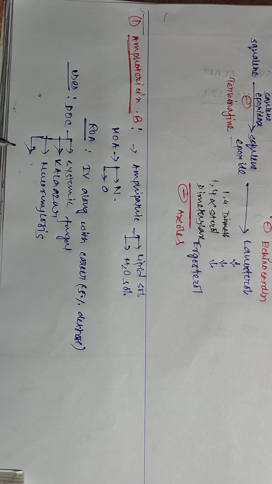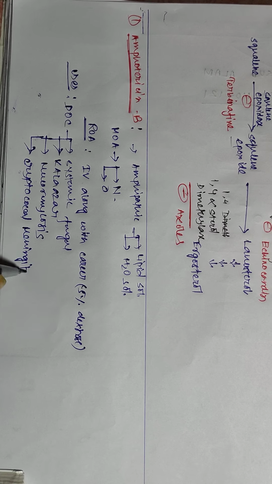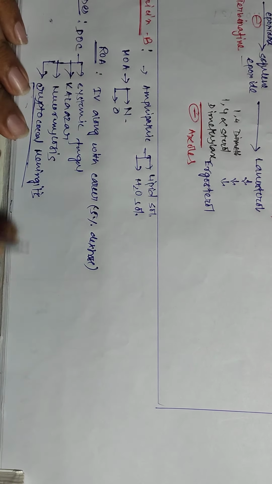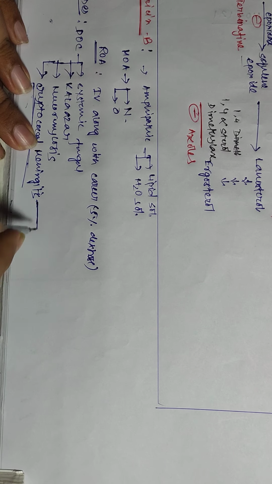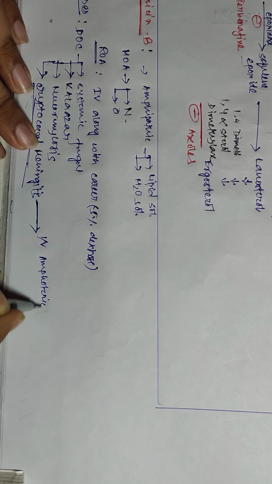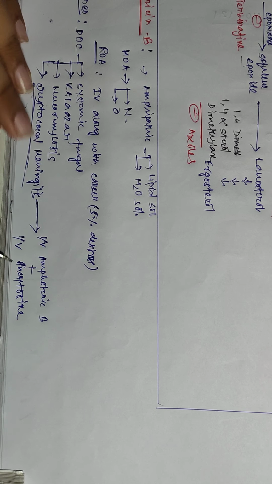It is also the drug of choice for mucormycosis and cryptococcal meningitis. Now in case of cryptococcal meningitis, we give intravenous amphotericin B and intravenous flucytosine.